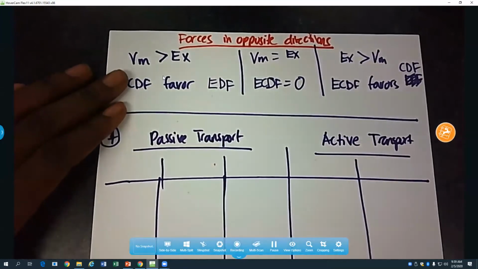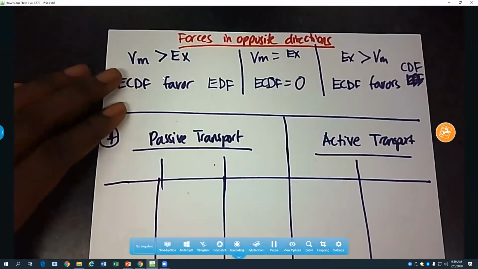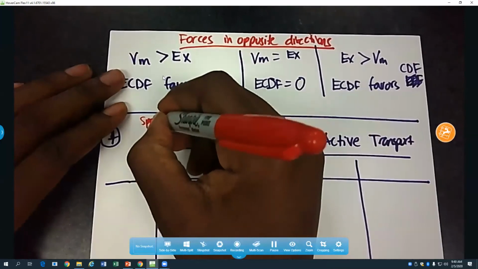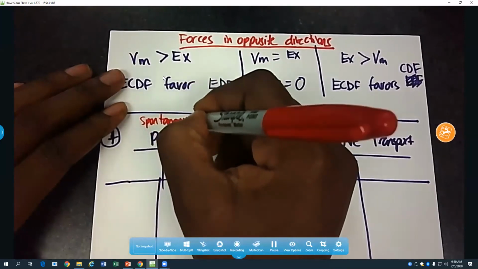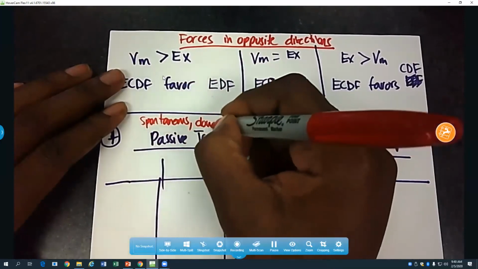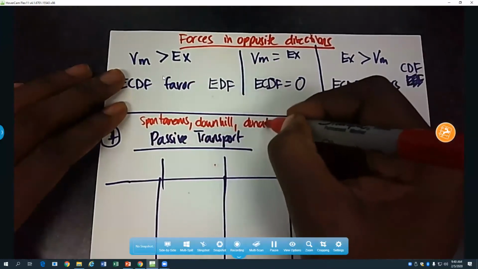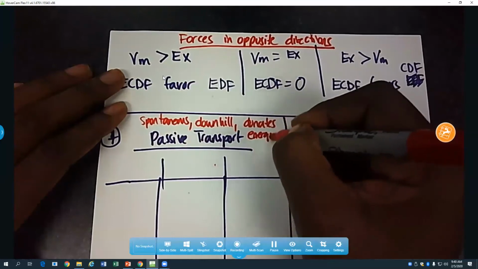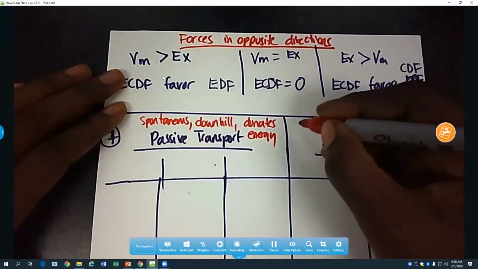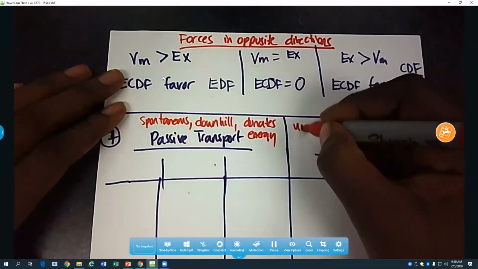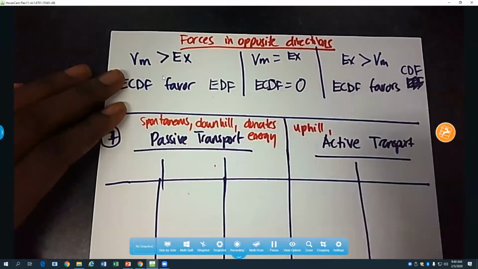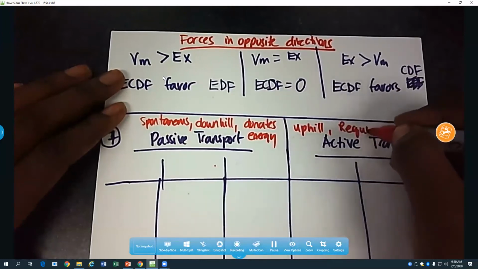First of all, we said that passive transport was spontaneous. Another way to say that is a downhill reaction or donates energy. Active transport was non-spontaneous or an uphill reaction or requires energy.